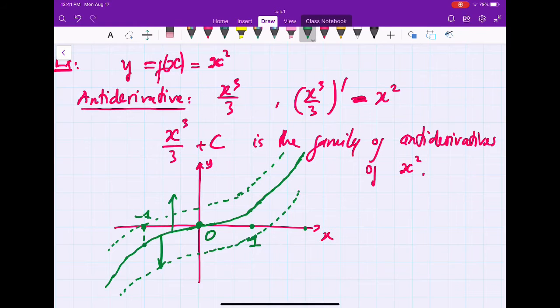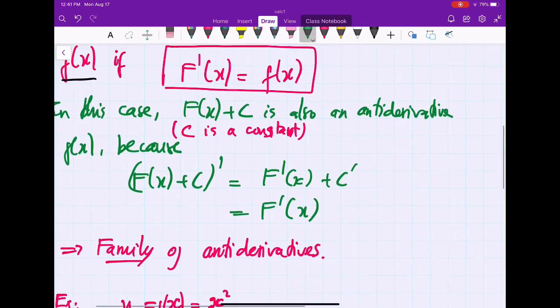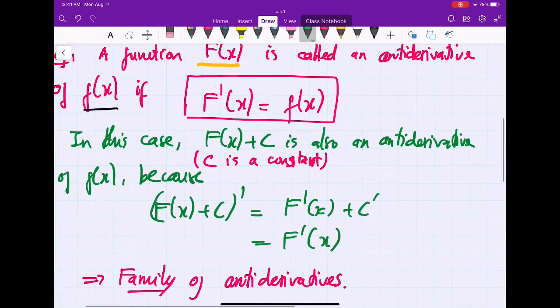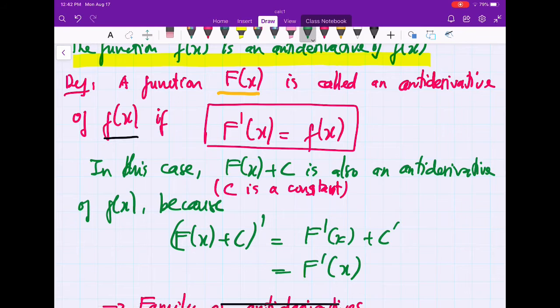Let's look at this problem from another point of view. When we are talking about antiderivatives, we are talking about how to recover a function if we know its derivative. Is that correct? For example, from this definition, suppose that you know f of x and you need to find capital F, so you know the derivative of F and you want to recover the function.